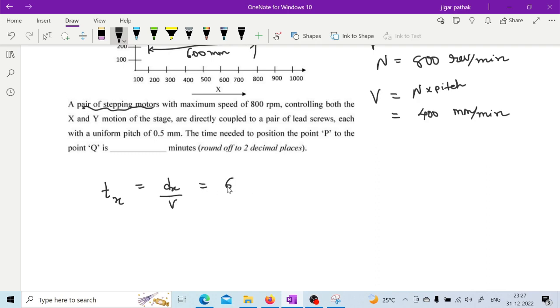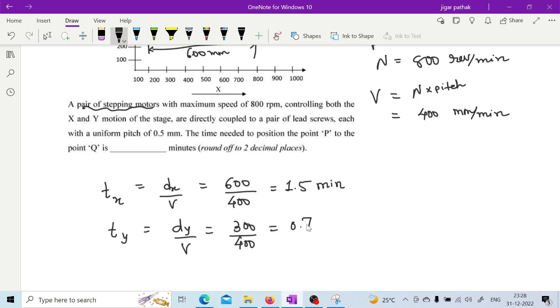So distance along x is 600 and this velocity is 400, so here it is 1.5 minute, right. Now if you go for ty, then it is distance along y and v. So distance along y is 300 and this speed is 400, so it is 0.75 minute.